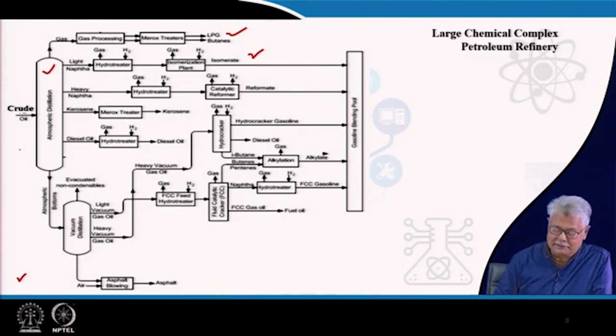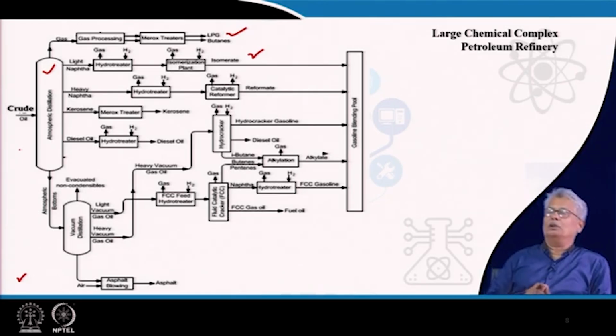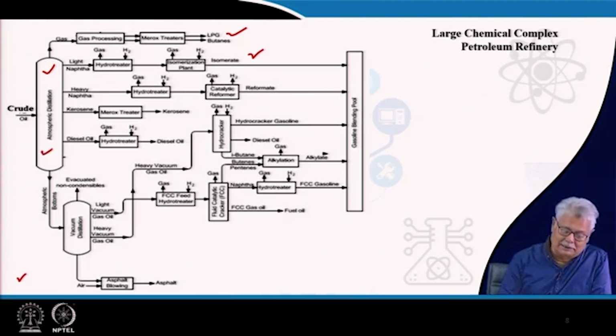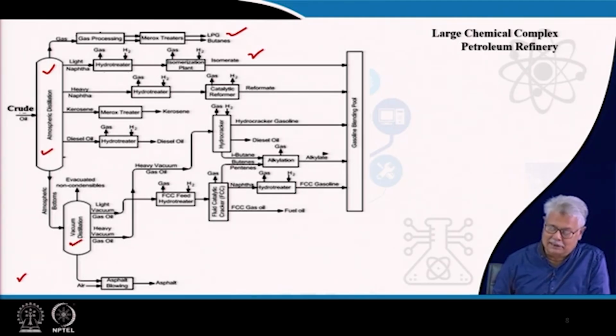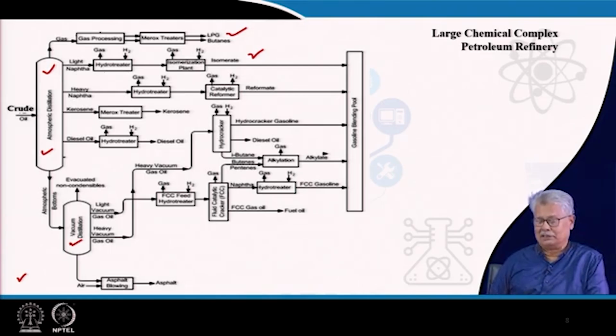Similarly, there are different blocks here. In fact, though we have just attempted here to represent the entire processing of the refinery on a single sheet, actually each of the blocks which has been placed here are rather complex processes, and the entire thing leads to the integrated plant for manufacturing petroleum products. This is the petroleum refinery example. For example, if we look at the atmospheric distillation unit, the vacuum distillation unit, these two are the major distillation units here.